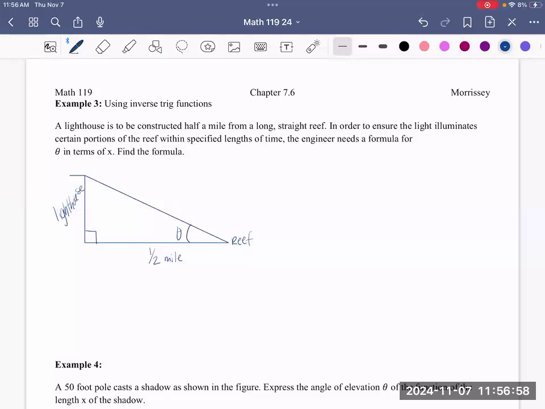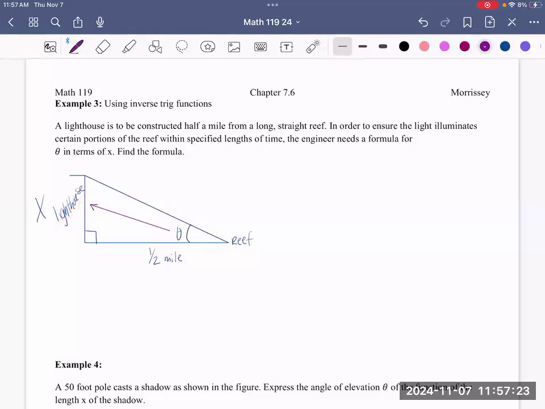So how far, if we need to, oh, even better. It's just saying find the formula, right? So if this is x here, we don't know, they didn't tell us how tall this lighthouse was, but we're just trying to build a formula. So what trig function should be used? Well, we have the opposite of your theta, we have an x value.